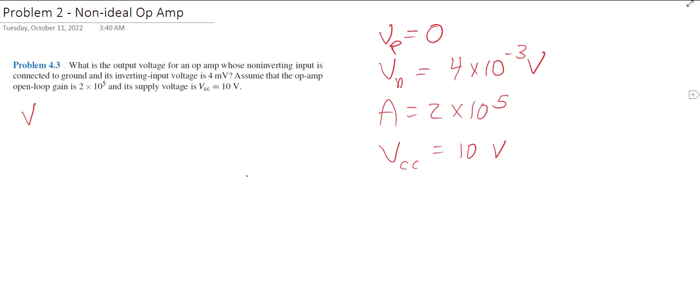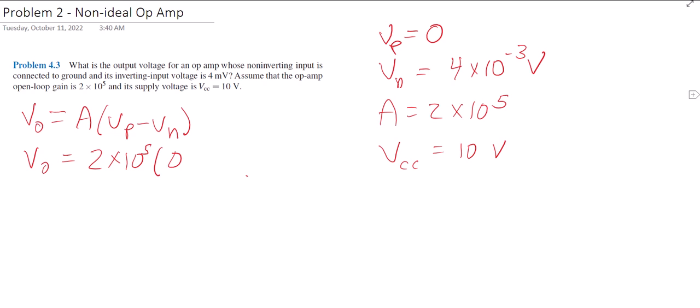So we know that VO, the output voltage, equals A times Vp minus Vn, or VO equals 2 times 10 to the 5th times 0 minus 4 times 10 to the negative 3rd.